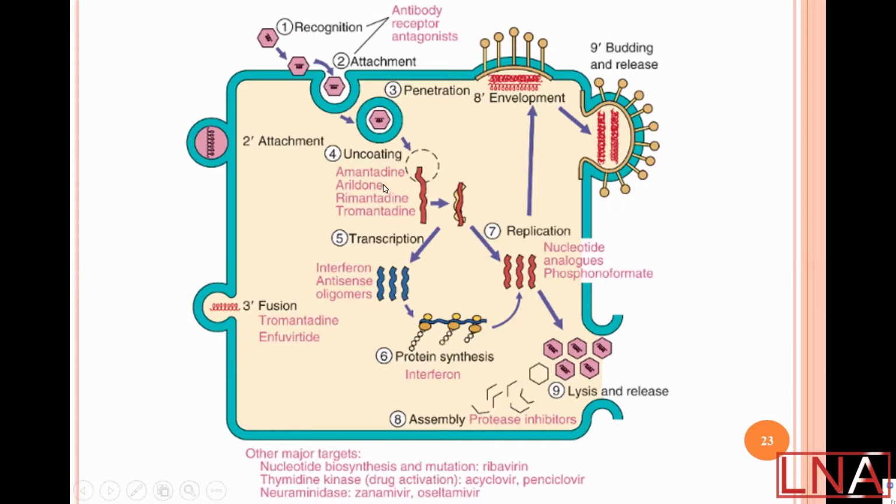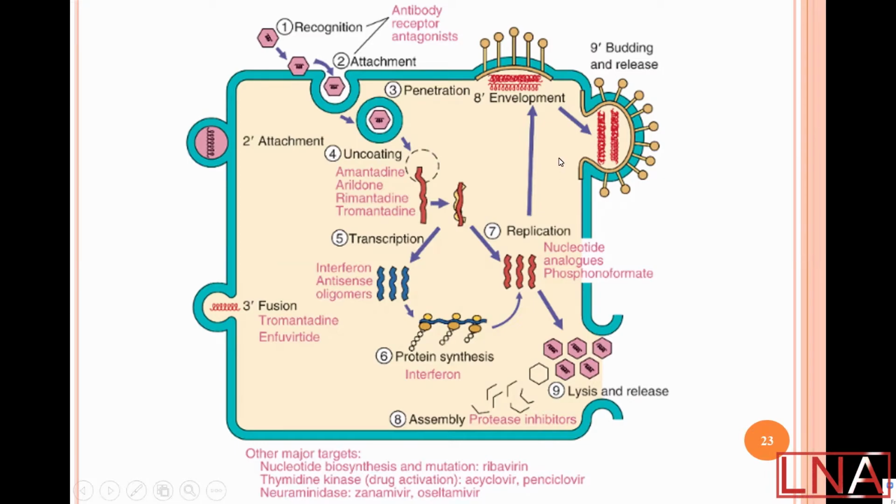So the uncoating step happens primarily for naked viruses. Then, depending on the type of virus, transcription, protein synthesis, and replication happen, and assembly happens for all naked viruses, and then lysis and release happen.